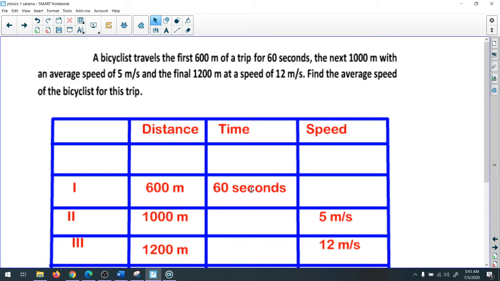The next 1000 meters with an average speed of 5 meters per second. And the final part of the trip, 1200 meters at a speed of 12 meters per second. Find the average speed of the bicyclist for the whole trip.